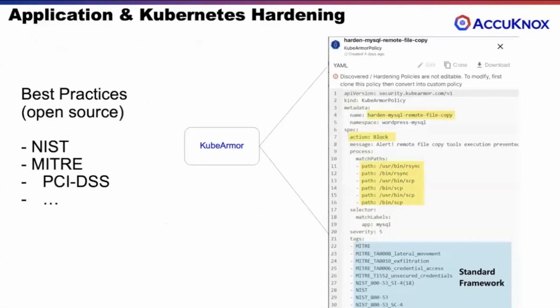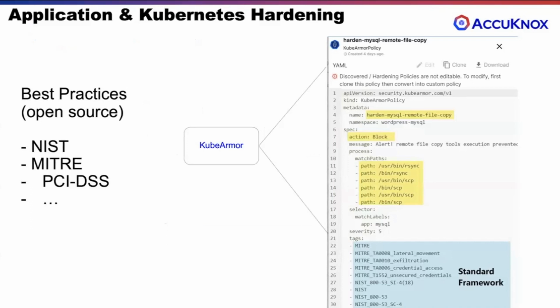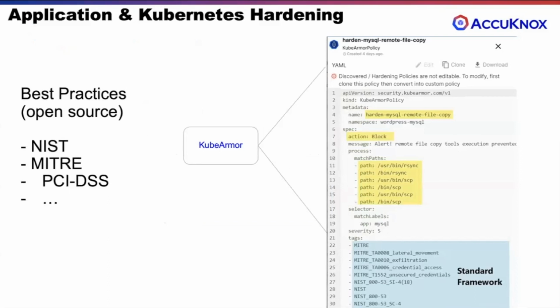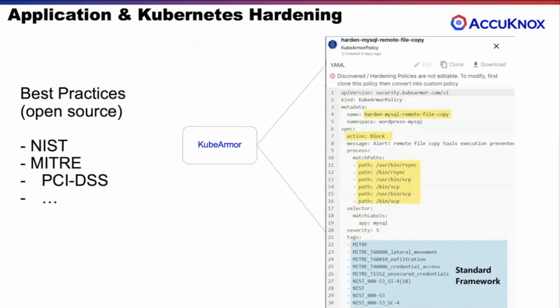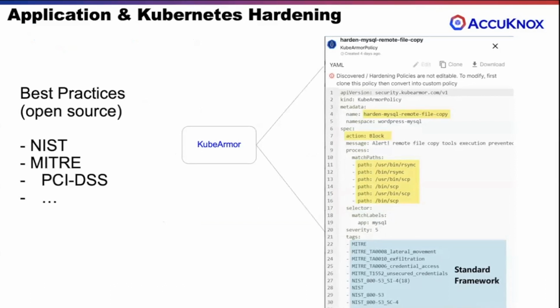So what does that look like? Well, here's an example YAML. It looks like a lot of Kubernetes manifests, but you can see we're specifying the action to take and what we're going to block. This one happens to be for MySQL, to prevent remote file copies off of a MySQL database container.